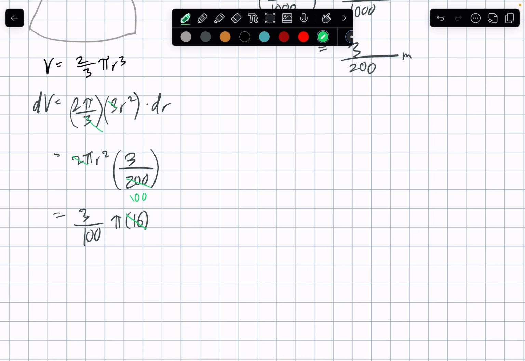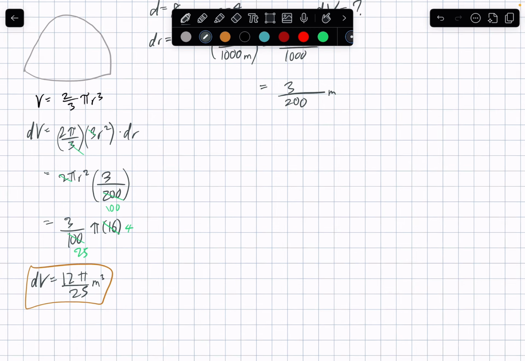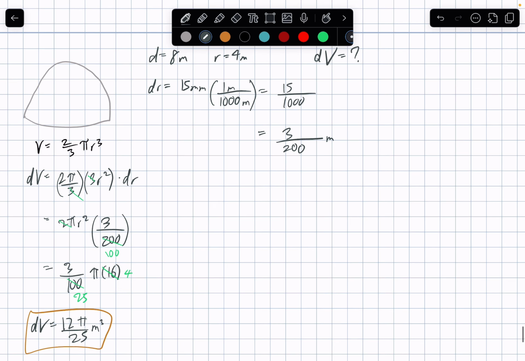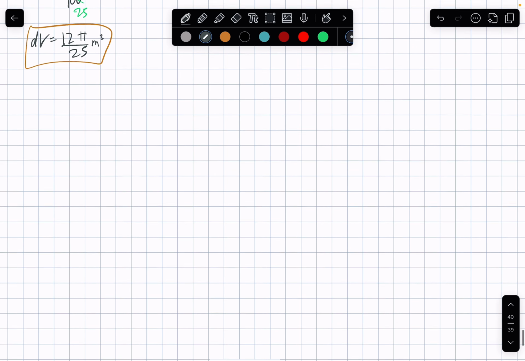So, we have 4 and then 25. 12 pi over 25. This is our dV. And this is the final answer. Don't forget the unit. The amount of coating that was used. Meter cube. That's it.